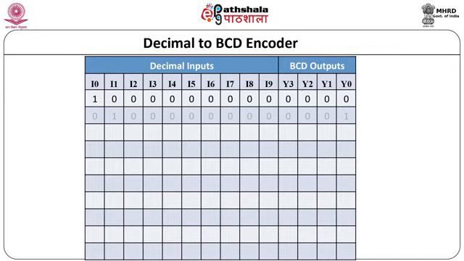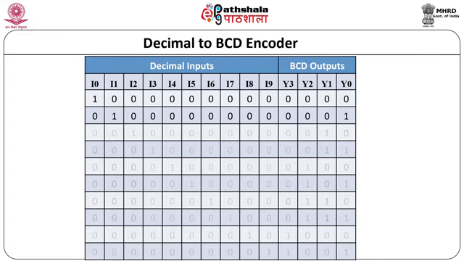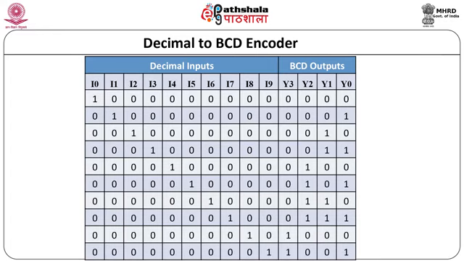Let us consider I1 is equal to 1 and other inputs are at logic 0. The binary output for this combination is 0, 0, 0, 1. Using this principle, we can prepare the truth table for all remaining inputs. The output of the encoder provides the necessary outputs from 0000 to 1001 respectively.